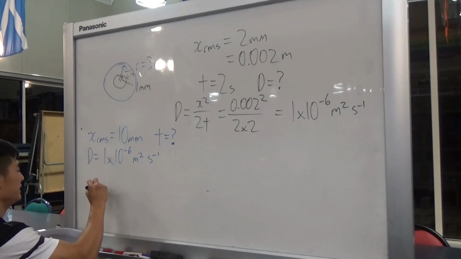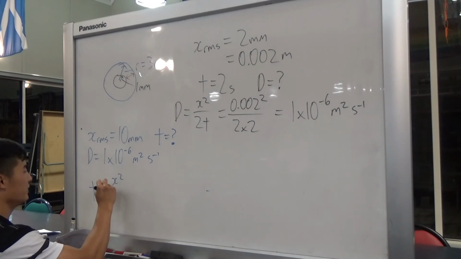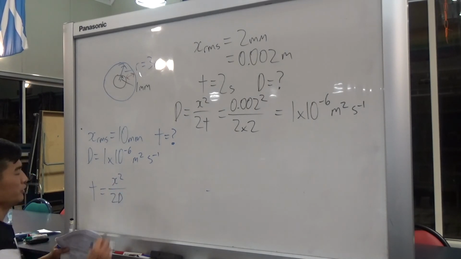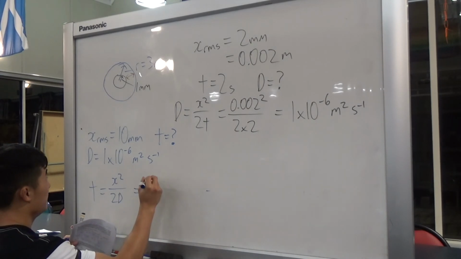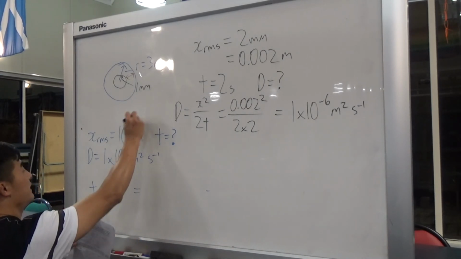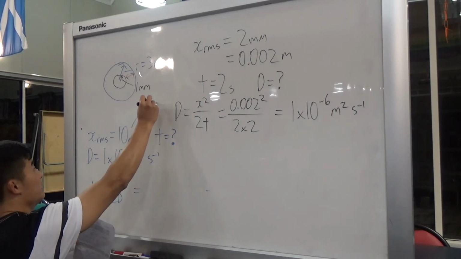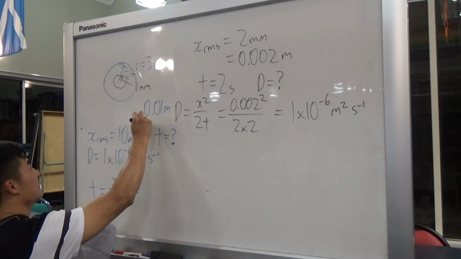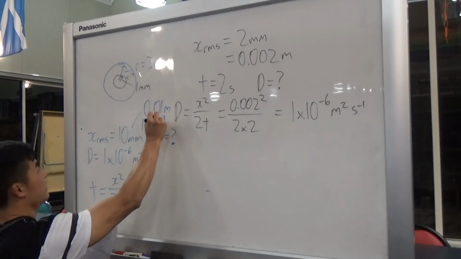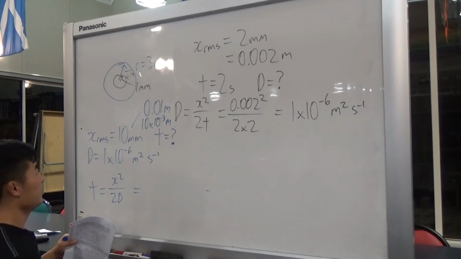Okay, so T will be equal to x squared over 2 times D. And so 10 millimeters is 0.01 meters, or you could say it's 10 times 10 to the negative 3 meters, okay?